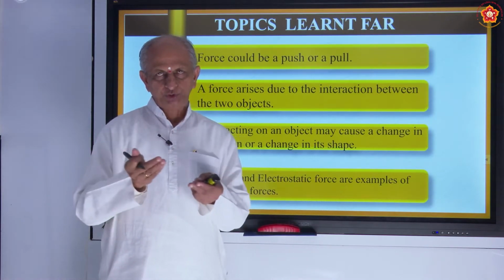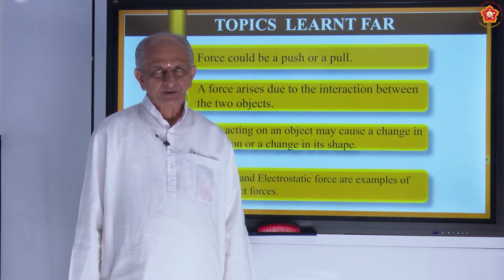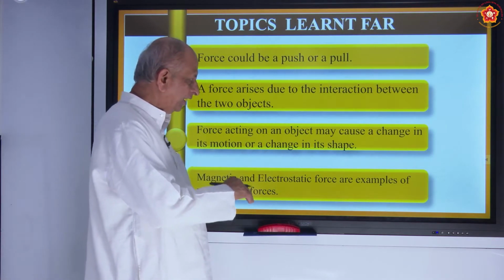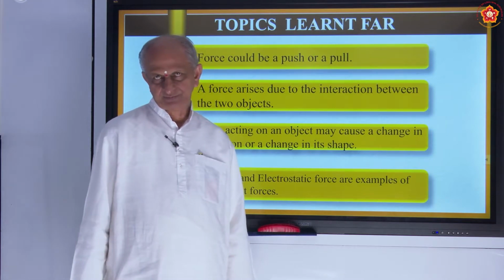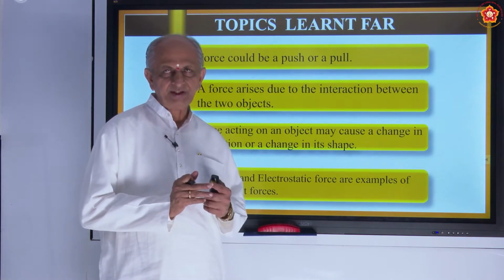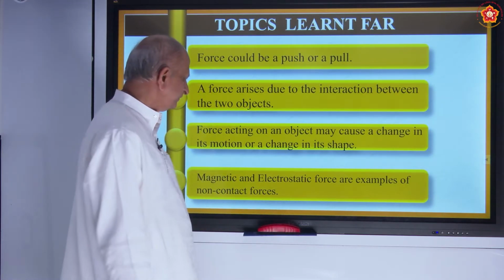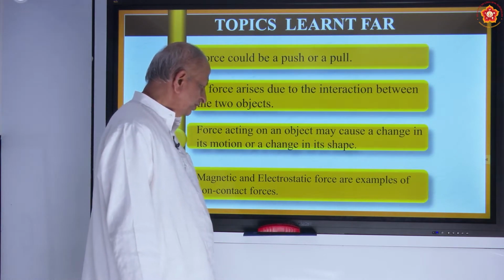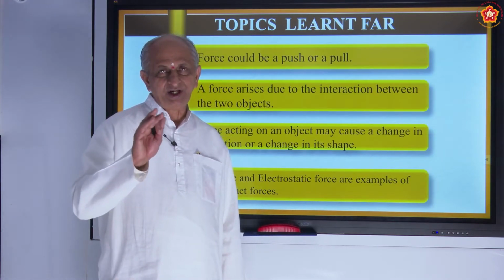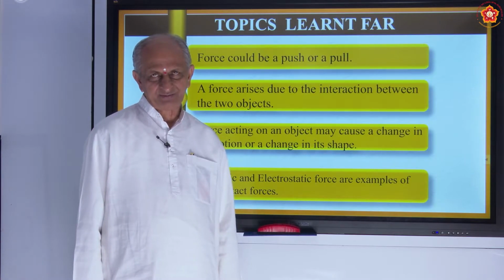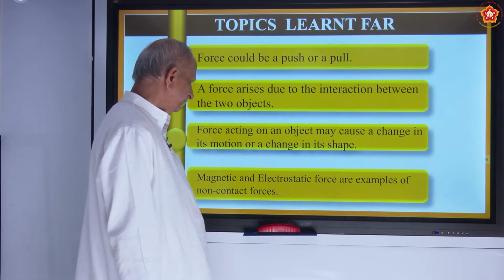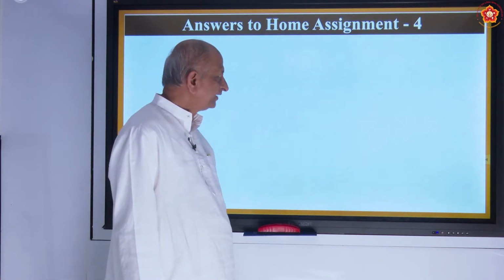When you think of two charged bodies, or when a charged body is brought near an uncharged body, there will be either repulsion or attraction, and hence a law: like charges repel each other, unlike charges attract each other. So here the two objects are not in contact with each other, is it not? Therefore these are called non-contact forces, okay. These are the things we have seen in the previous class.